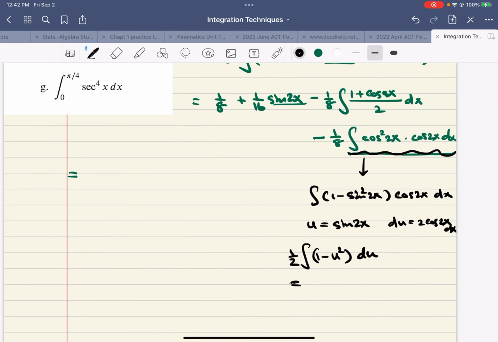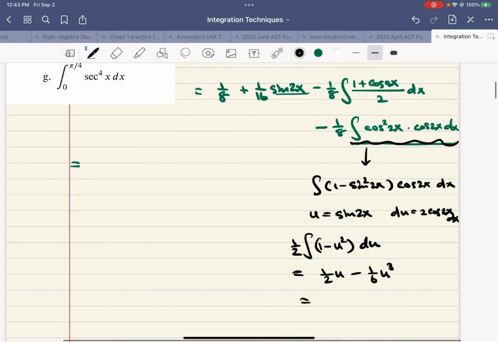So then it will be 1/2 u minus integral u square is 1/3. So 1/3 times 1/2 is 1 over 6 u cube. Okay. Now you put it back. Your u was sine 2x, so 1/2 sine 2x minus 1 over 6 sine 2x cube.